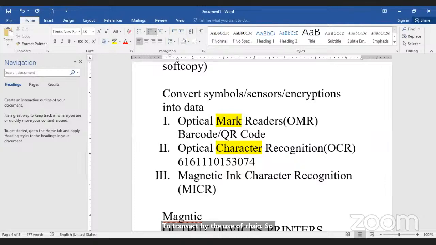So magnetic character recognition can be used to process checks. Even if you fold your check, or if you smear your check with a liquid, if that check is taken to the magnetic ink character recognition reader at the bank, it can detect if that check is genuine or fake.